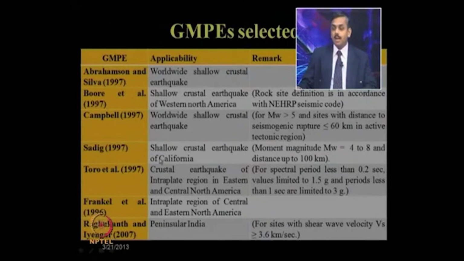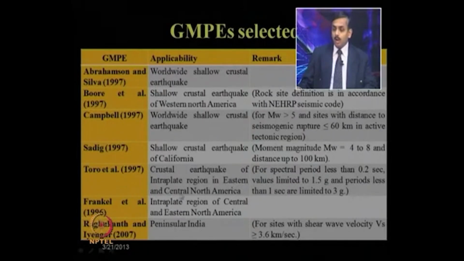Whereas, Sadigh data is valid for shallow crustal earthquakes of the California region, where moment magnitudes between 4 to 8 are considered and distance within 100 kilometer. We have already seen these limits when we discussed the various attenuation relationships and their validity in detail, right. So, these are the limits.